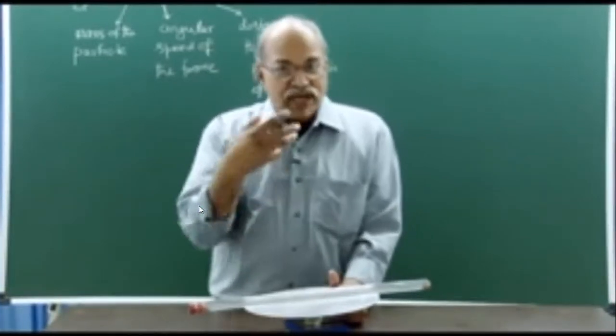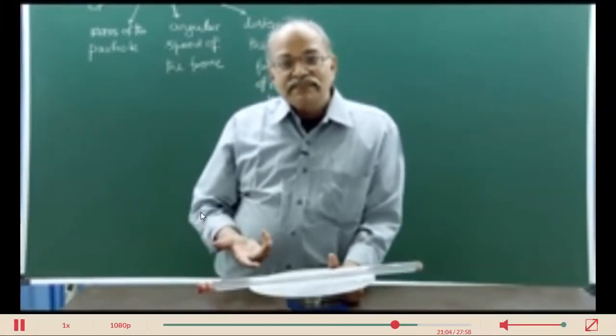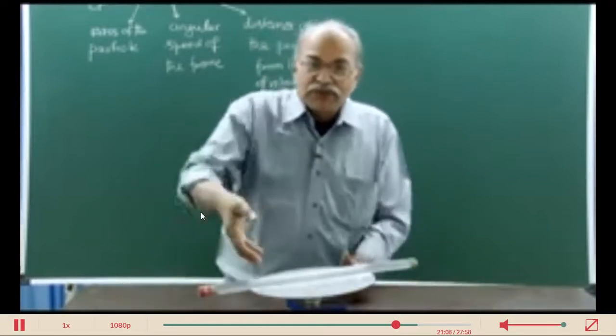If you analyze these things from inertial frame of reference, then also you can see it. If water is rotating, now I am using lab frame, so water is rotating.